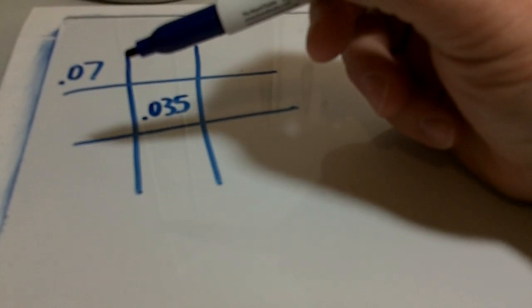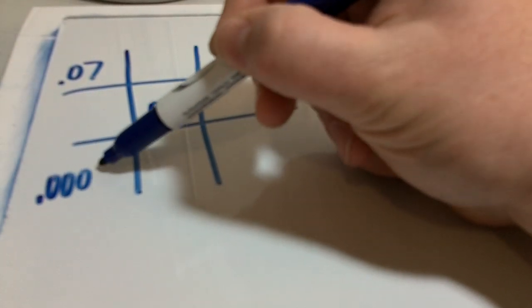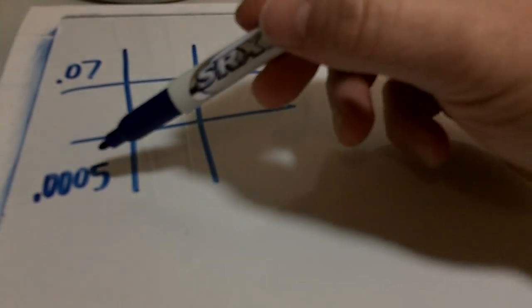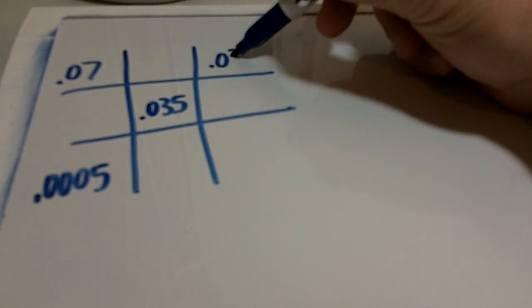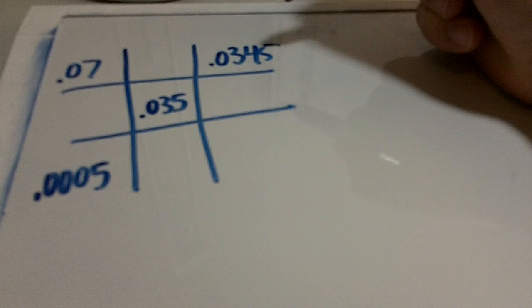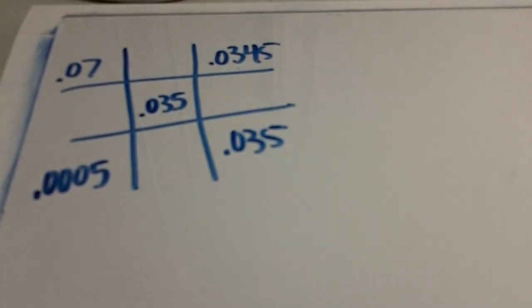And then our lower strength solution is a 1 in 2000. If you go on your calculator and divide 1 by 2000, it'll be 0.0005. All right, so let's figure out our parts. If we figure out the difference this way, what we get is 0.0345, and then going this way we get 0.035.